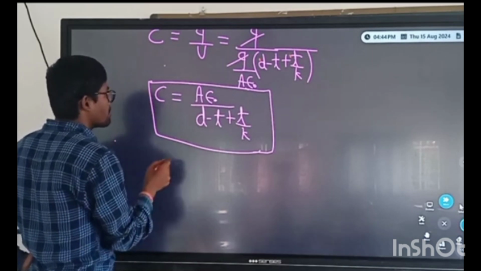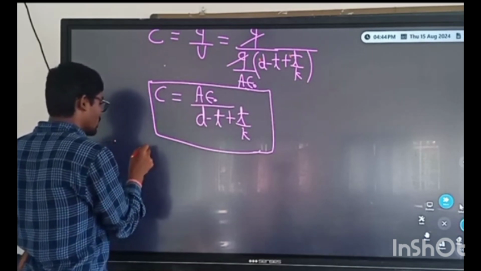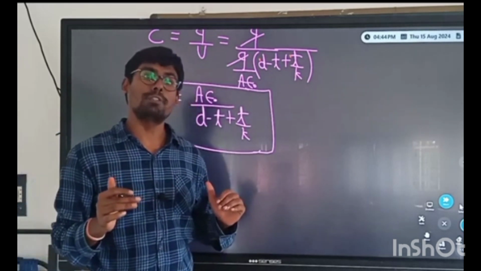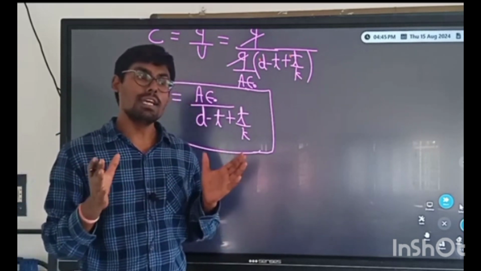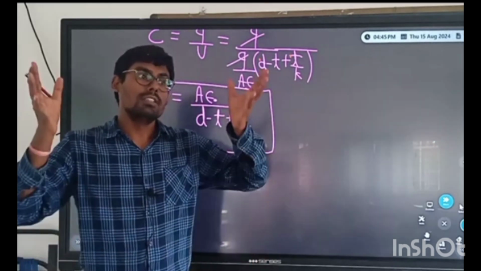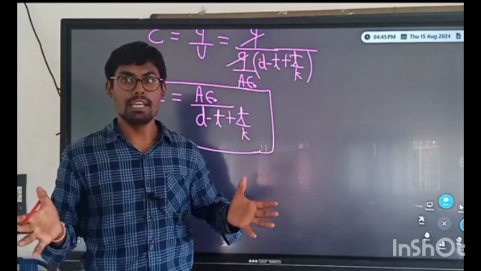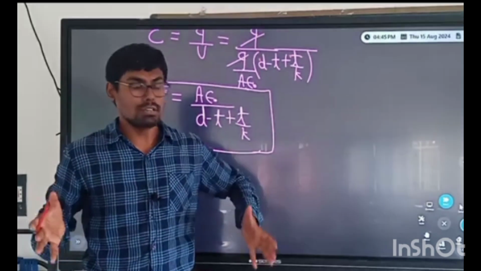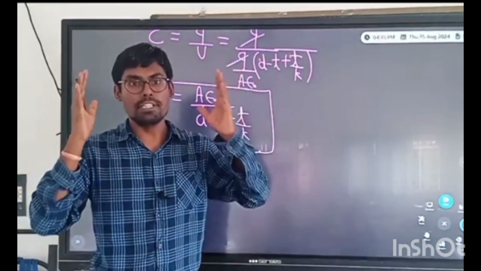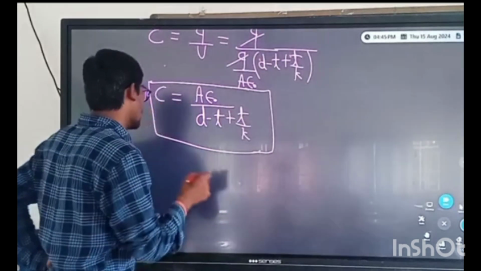Now, when the dielectric slab of thickness D, meaning when the dielectric slab completely fills the space between the two capacitor plates, then what will happen?